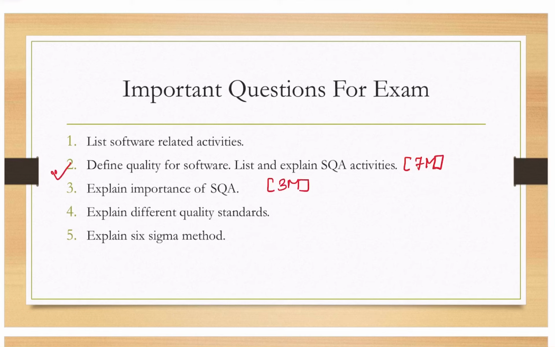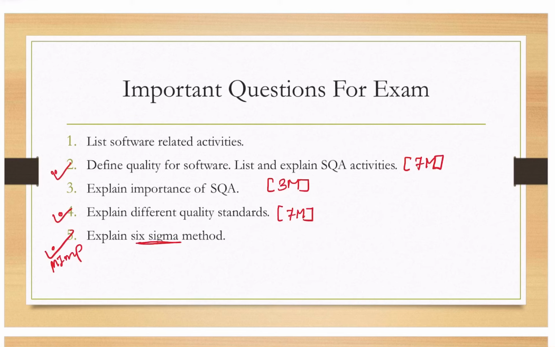And the fourth question is explain different quality standards. It will be asked for 7 marks, and we have to write 2 quality standards, that is ISO 9000 and ISO 9001:2000, right? And the most important question from this unit is explain Six Sigma.